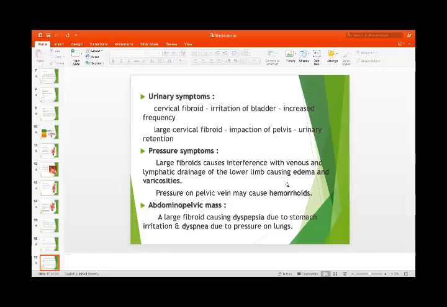It will lead to dyspepsia due to the stomach irritation and dyspnea due to the pressure on the lungs. So sometimes we have a fibroid of about a 30-week or 32-week size pregnancy. Such a huge fibroid will cause dyspepsia, dyspnea and urinary symptoms.